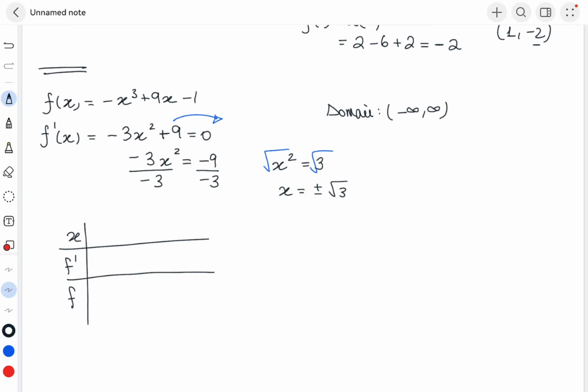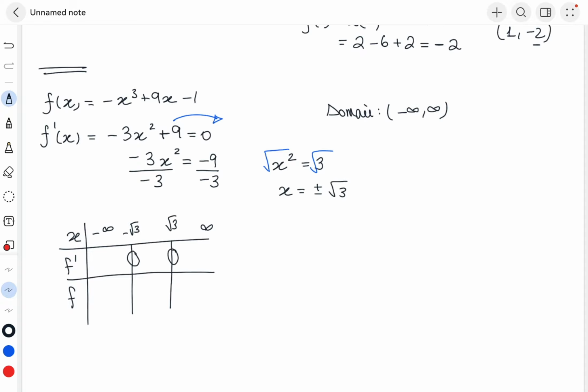Of course, we'll do some problems with conditions later on in another video. So from -infinity to infinity, and as we said, we go in increasing order, and negative radical 3 is smaller than positive radical 3. We have negative radical 3 here and positive radical 3 here, and we put zeros on them.